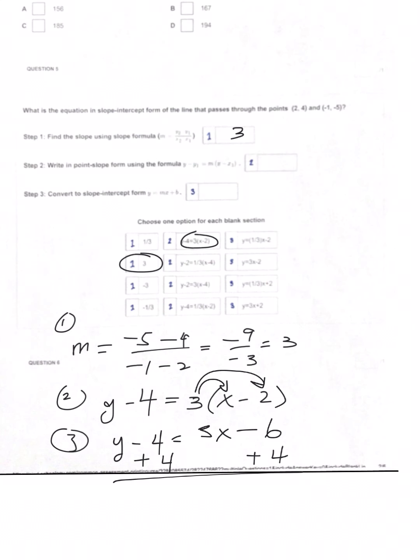And so therefore this will be y equals 3x minus 2. And so that's this guy right here. Okay, so drop down. If this was considered like A, B, C, and D, for example, this would be B, this would be A, and this would be B over here. Okay, moving on.